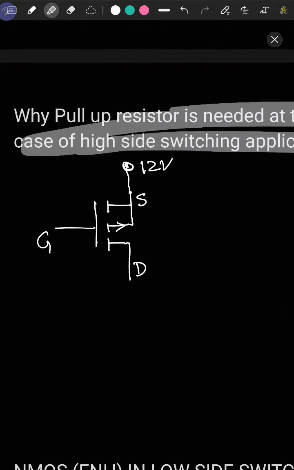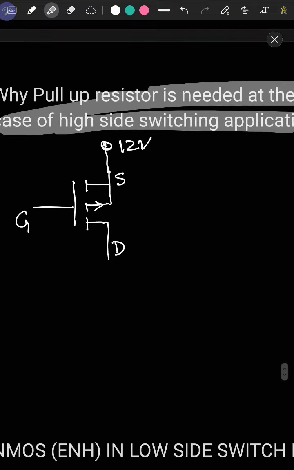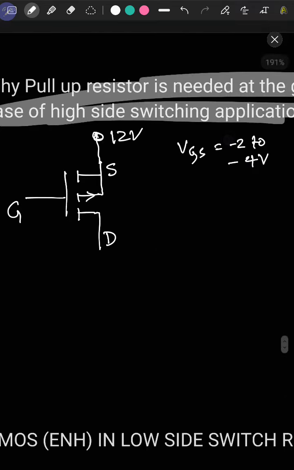In general, most pMOS used in high-side switching application have a threshold VGS value of -2 to -4 volt, and your applied VGS needs to be less than this threshold value.